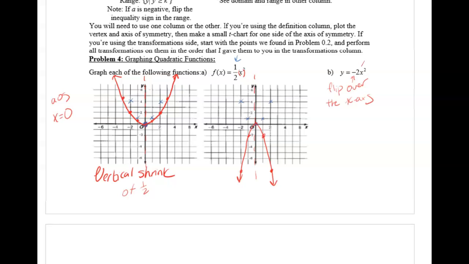And then my 2 on the outside made it a vertical stretch of 2 this time. And that's it. Now we really can move on to the next problem, not just with our lives.